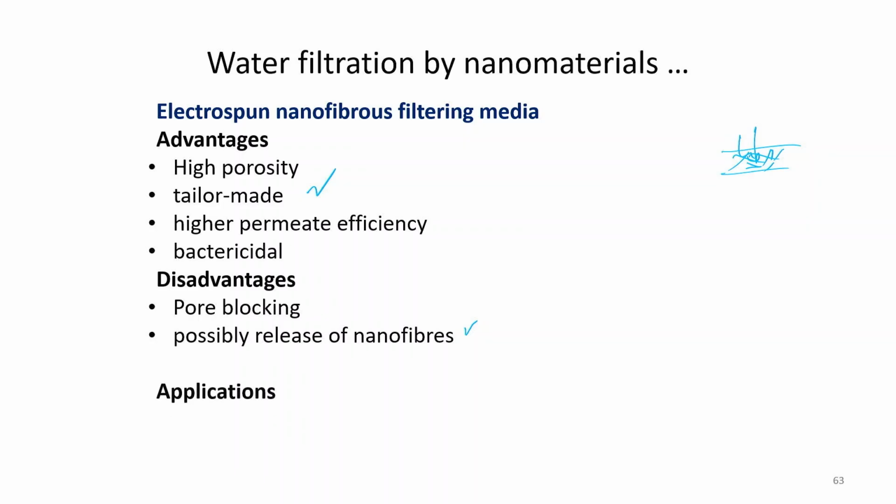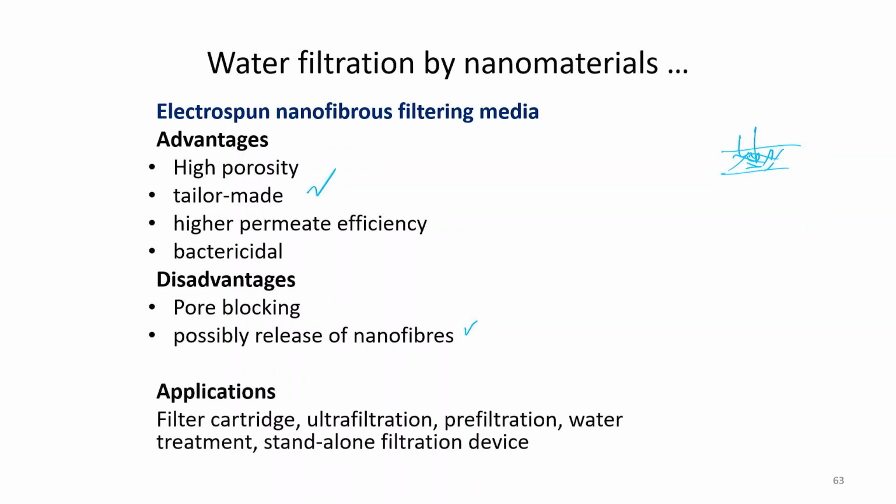So, the main applications are: in filter cartridges we use the nanofiber mat, in ultrafiltration we can use nanofiber, and in pre-filtration in water treatment plants we can use it, and in standalone filter devices. So, in all these applications we can use this nanofibrous filter medium.